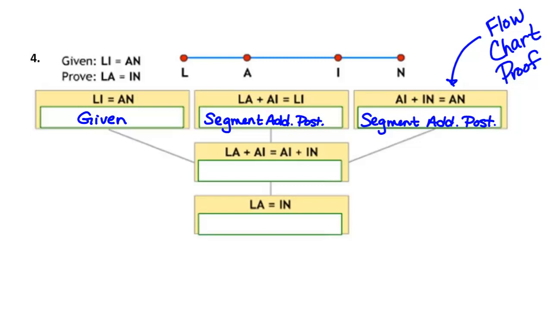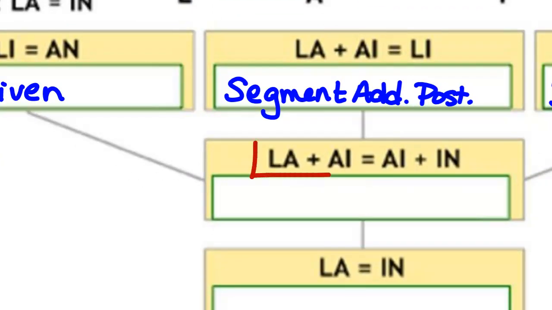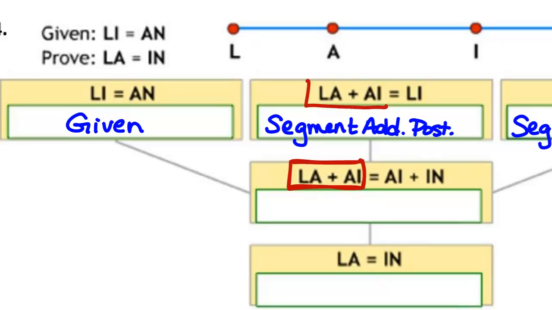All right, I'm going to use all three pieces of information here to make my next statement. LA plus AI is the start of my next statement. Well, I see that right here. And that's the same as what?